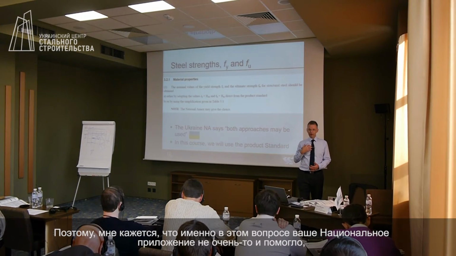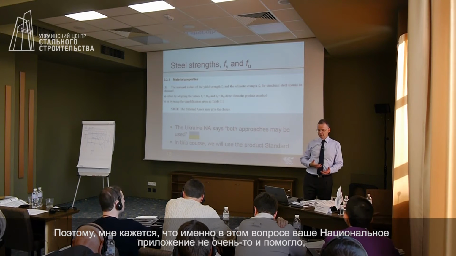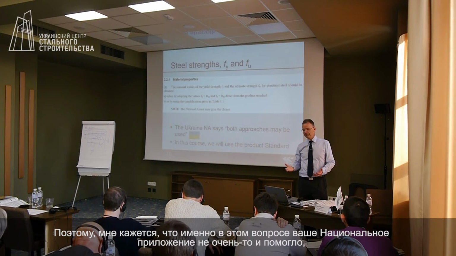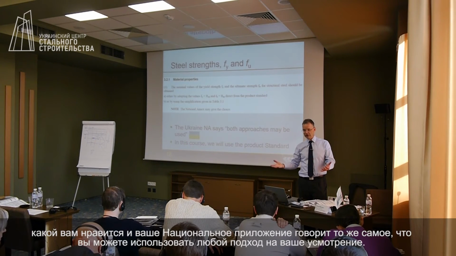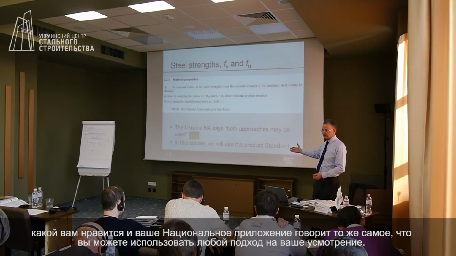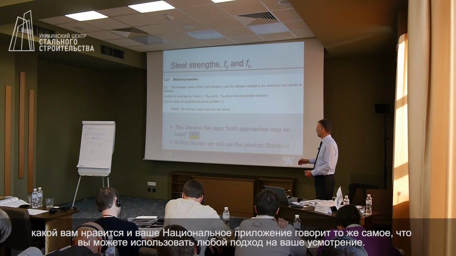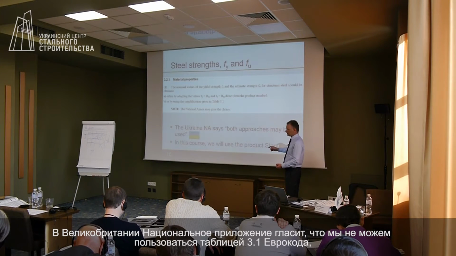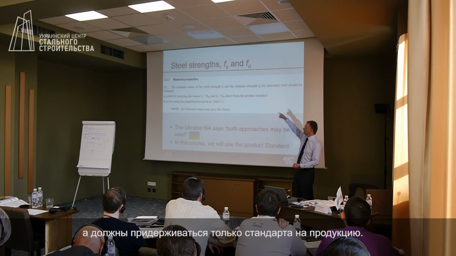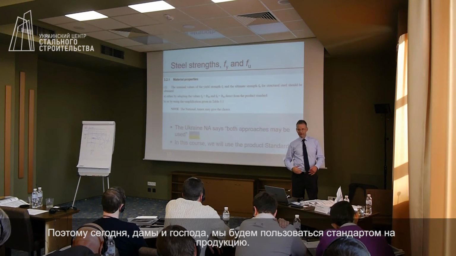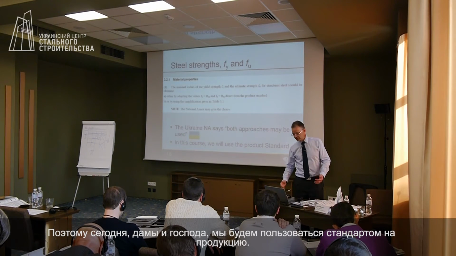So to me, on that particular issue, your national annex is not very helpful, because the Eurocode says you can do whatever you wish. The national annex says you can do whatever you wish. In the United Kingdom, we say you cannot use table 3.1, you must use the product standard. So today, ladies and gentlemen, we will use the product standard.